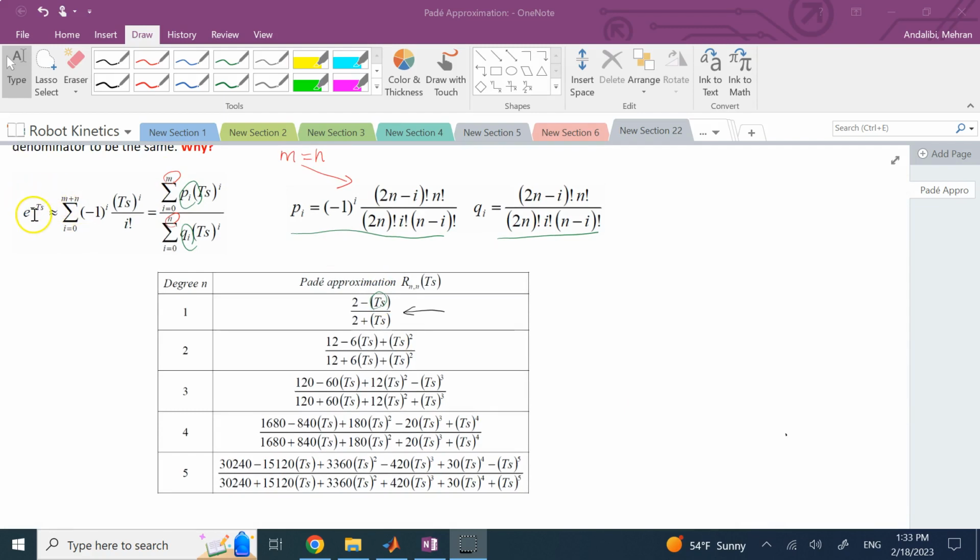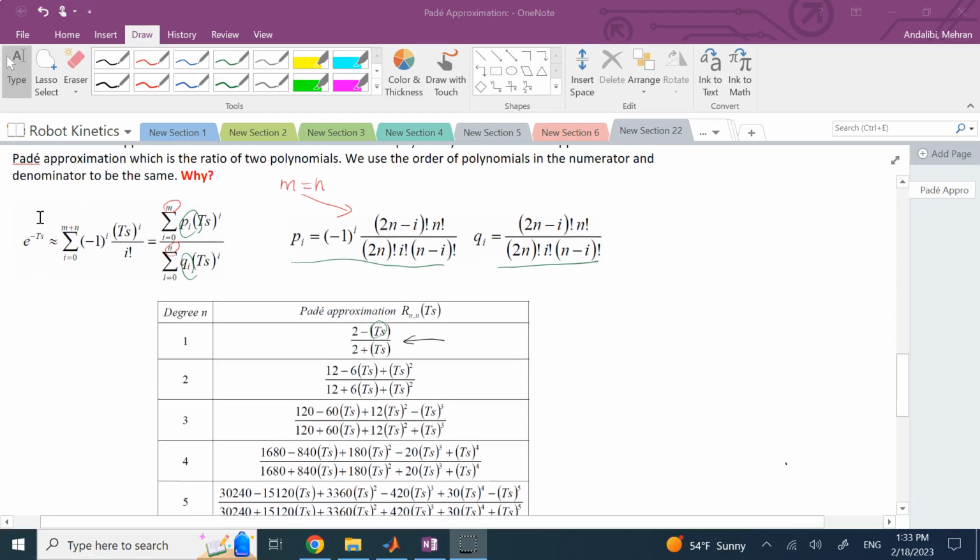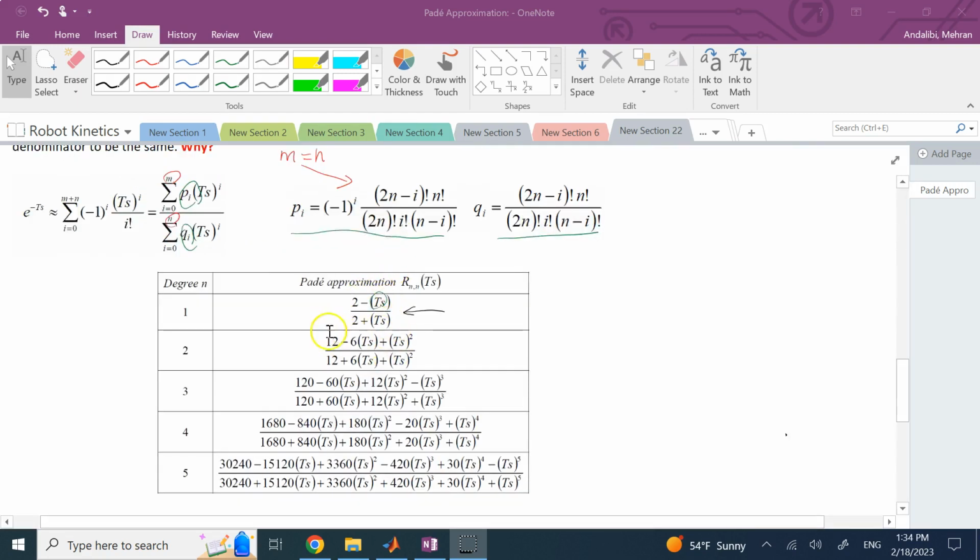calculating this Taylor series, okay, for e to the negative ts, or Maclaurin series, and then using terms from the constant term all the way to the term that the power of the polynomial is m plus n, or the order of it, and set that equal to the Padé approximation with some unknown coefficients, right?